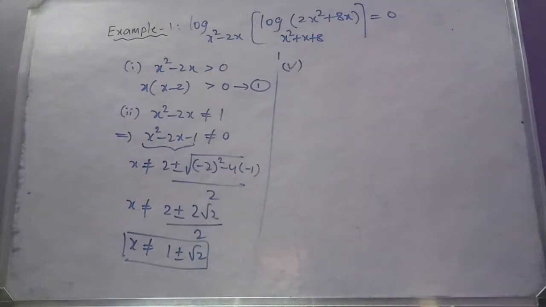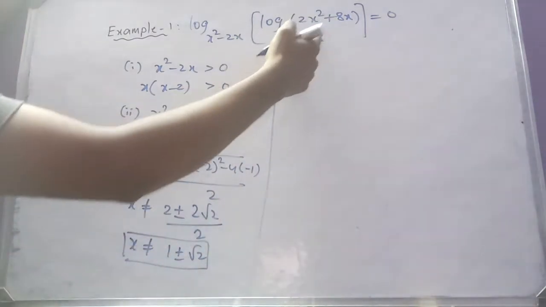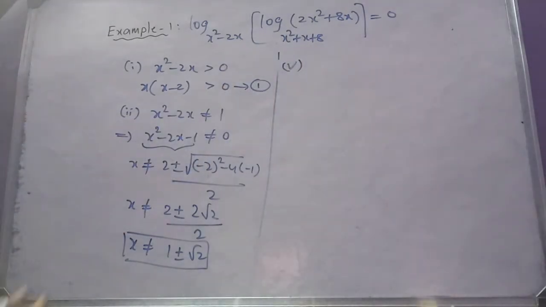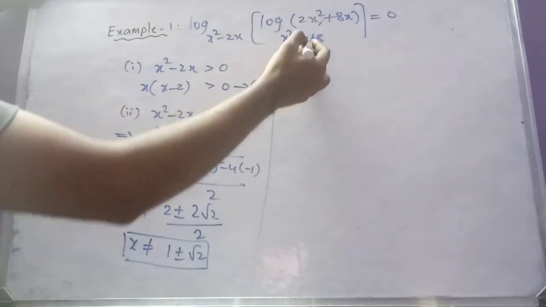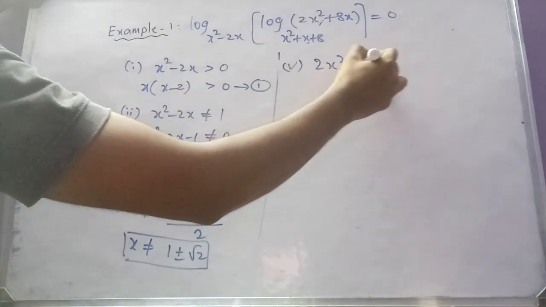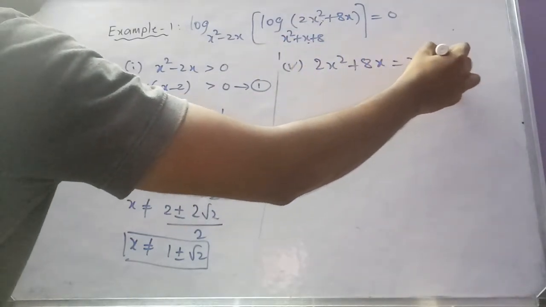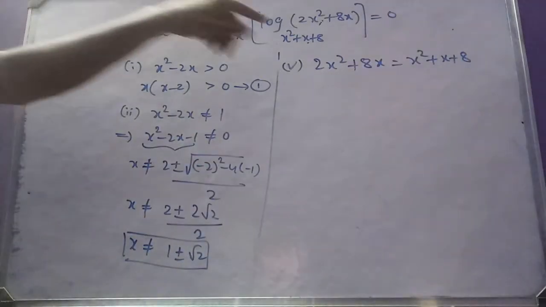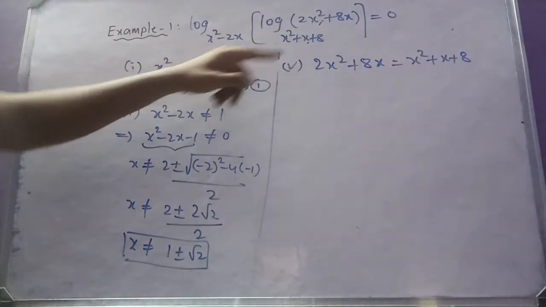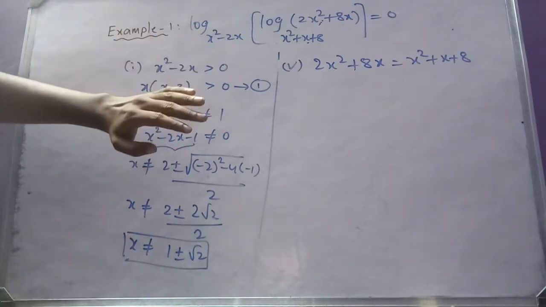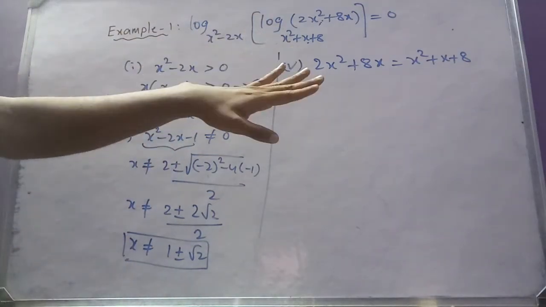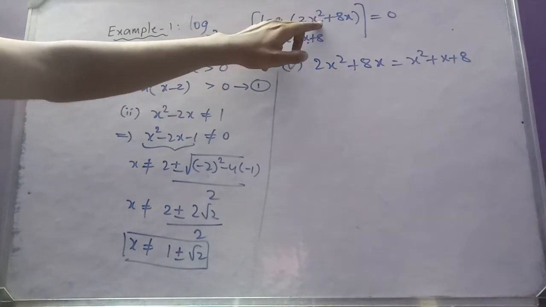What does the fifth condition say? This is equal to this, correct? Even if you convert logarithm to exponential, you will get the same thing. I have already told you how this is equal to this when I started model number 5. I converted this into exponential form and told you that the fifth one is this equal to this.